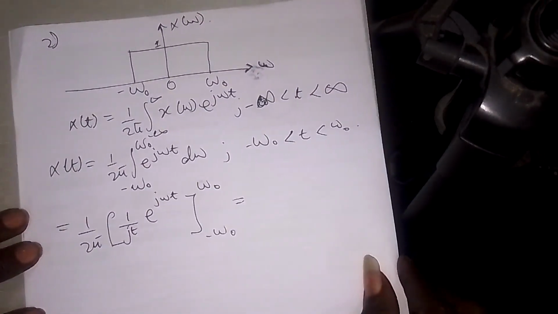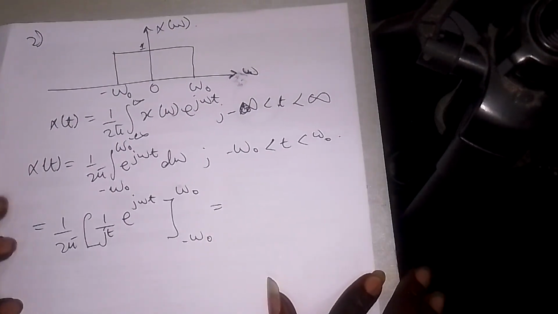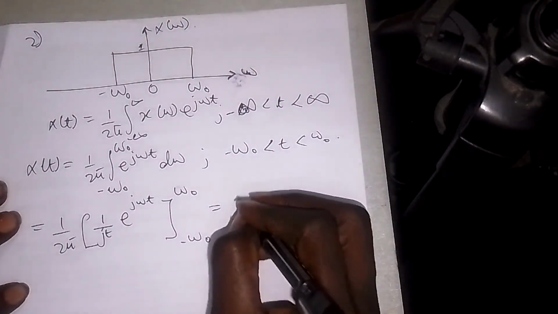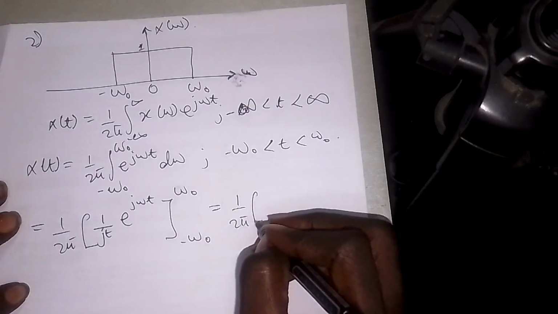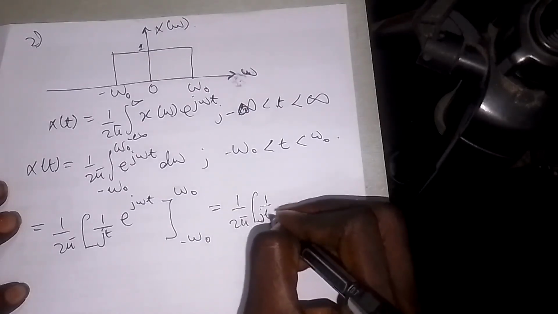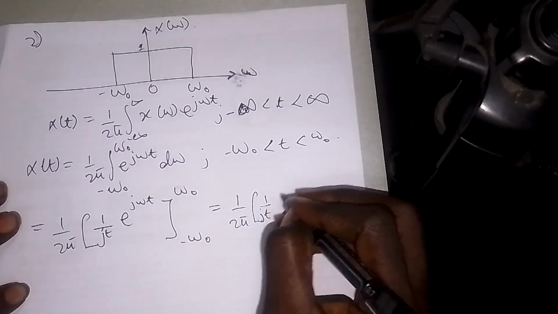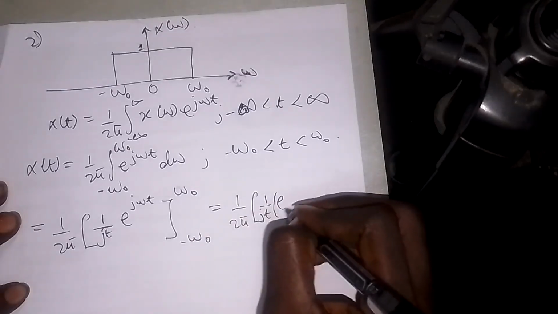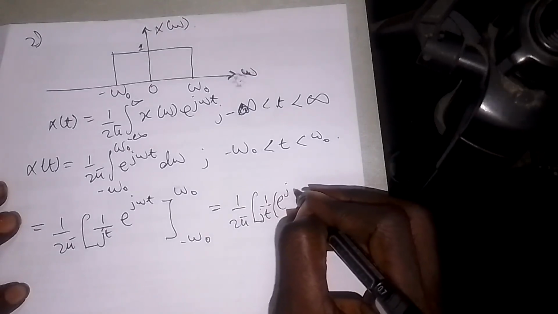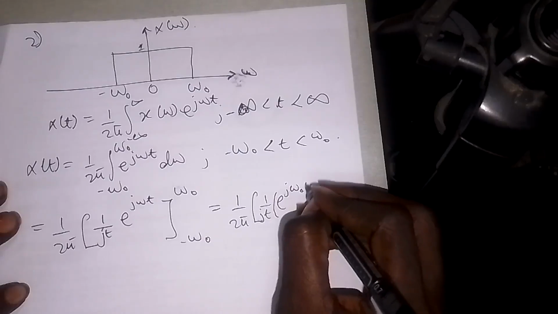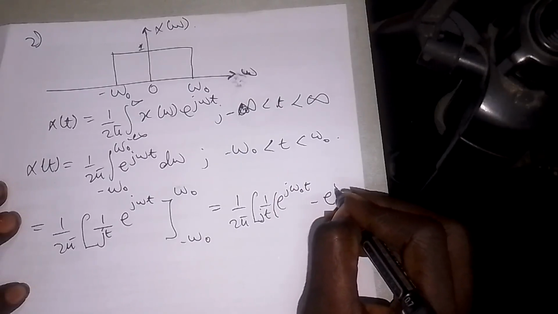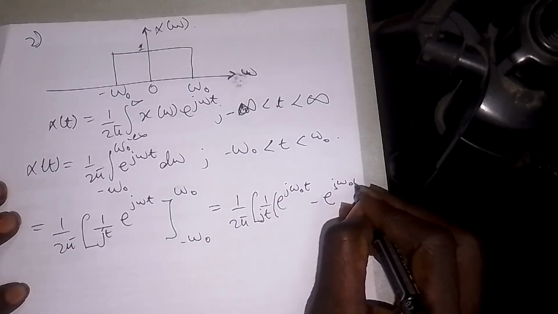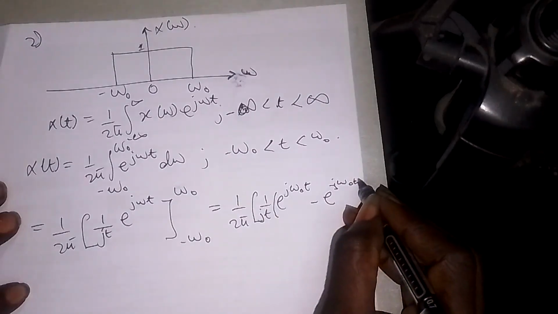So this is equal to 1 over 2 pi, and let me bring 1 over jt here. Then I'm going to have e^(j omega naught t) minus e^(minus j omega naught t).